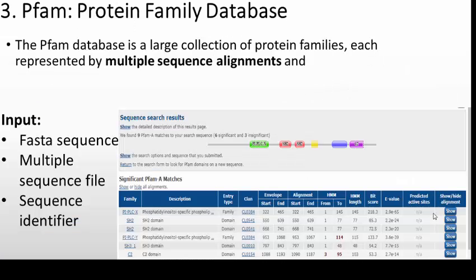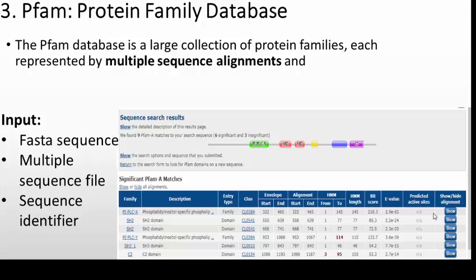The next one is PFAM, which stands for Protein Family Database. This is a very famous and important database that contains thousands of protein families, and it is represented by multiple sequence alignments. Again, the input sequences that we can use are FASTA sequences, a multiple-sequence file, and a sequence identifier.